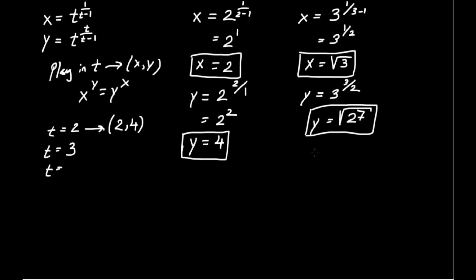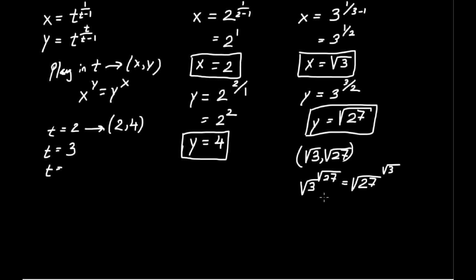And what this implies is that the pair square root of 3, square root of 27 will commute under exponentiation. That is, the square root of 3 raised to the square root of 27 power is the same thing as the square root of 27 raised to the square root of 3 power.